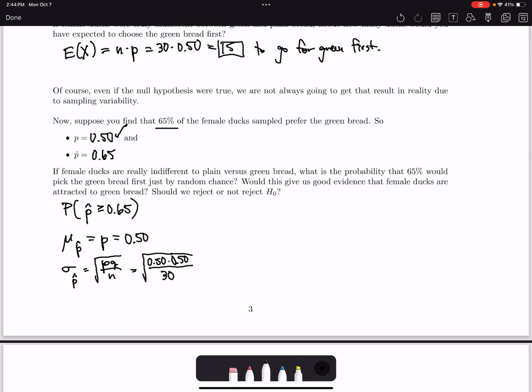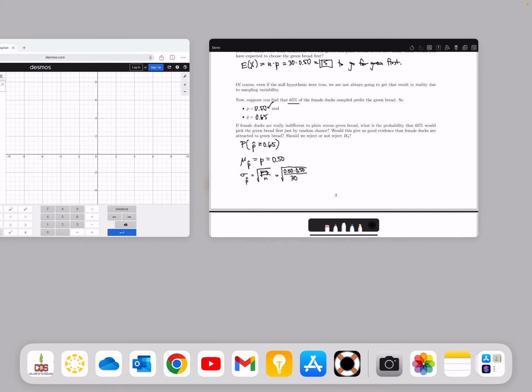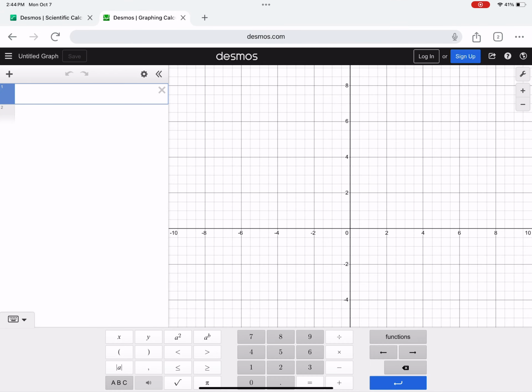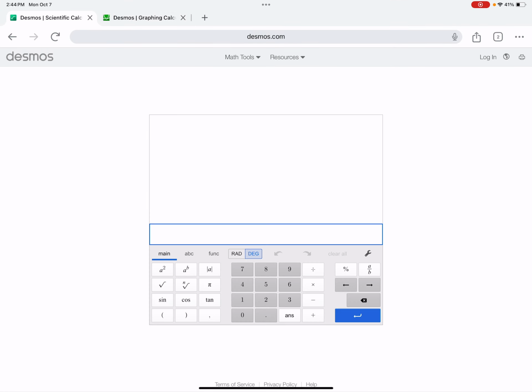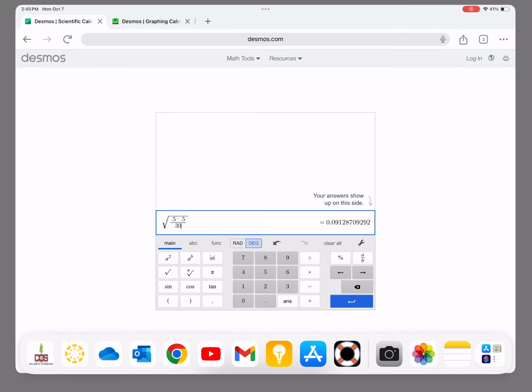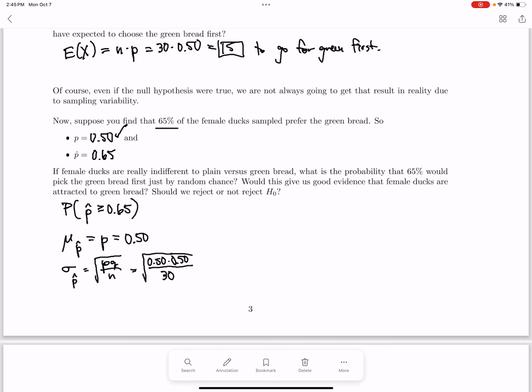So let's see. Square root of 0.5 times 0.5 divided by 30. That's about 0.09, although we could just use the exact value, which I might do.